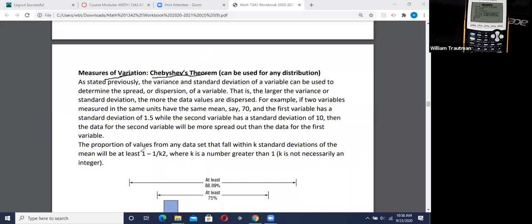By the way, this is the formula for Chebyshev's theorem: 1 minus 1 over k squared, where k has to be greater than 1, and k is the number of standard deviations. When we see the word k, it should be a lowercase k. Mine looks uppercase.